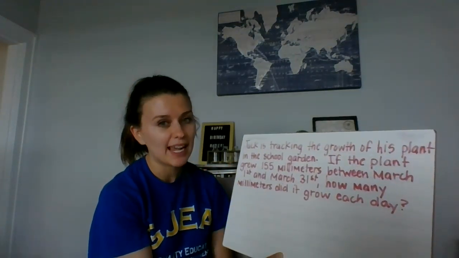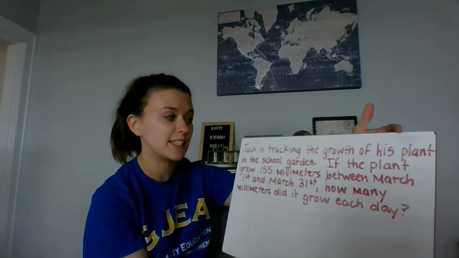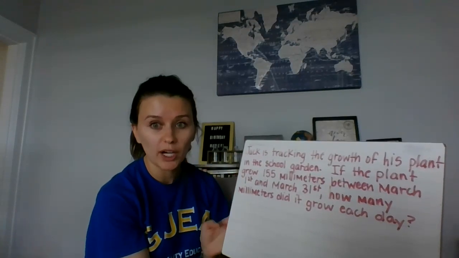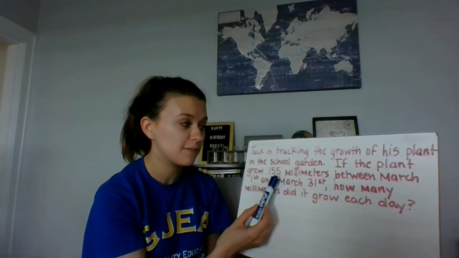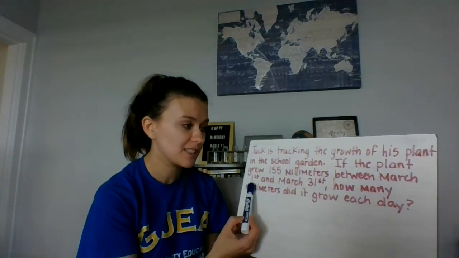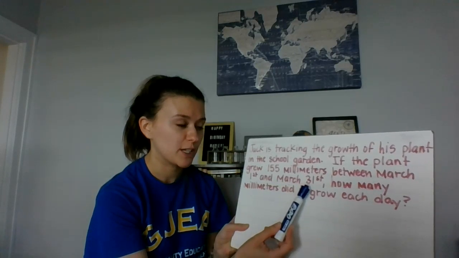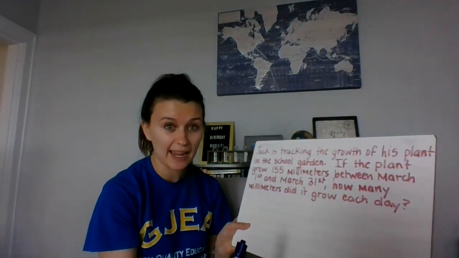Our problem today says Jack is tracking the growth of his plant in the school garden. If the plant grew 155 millimeters between March 1st and March 31st, how many millimeters did it grow each day?